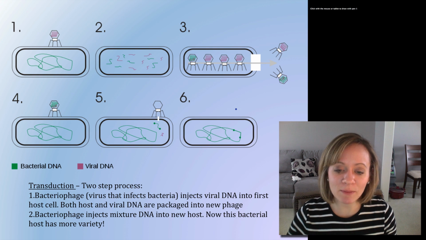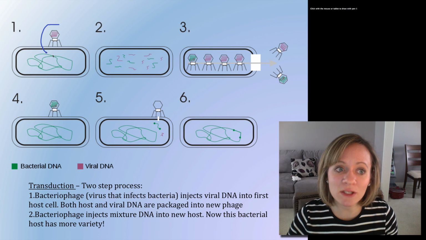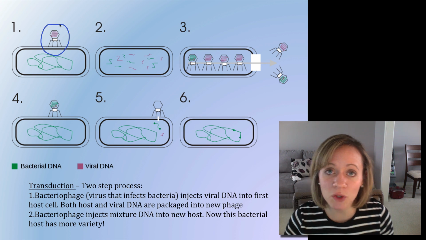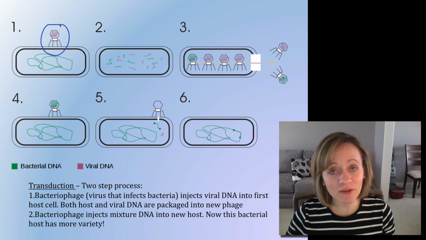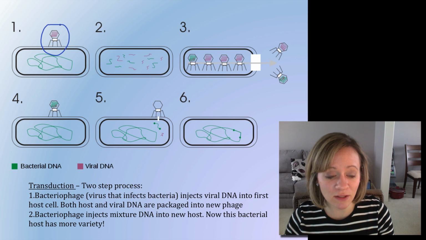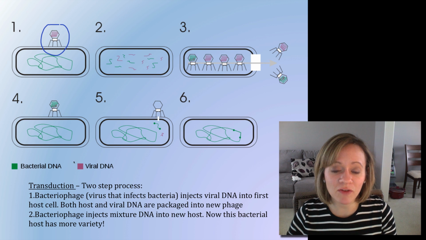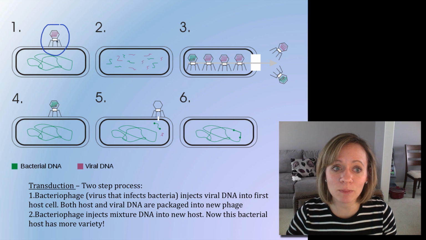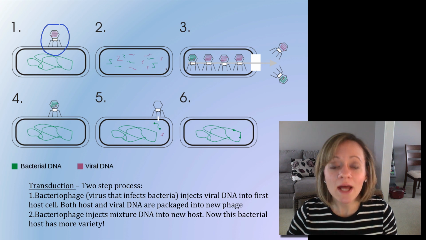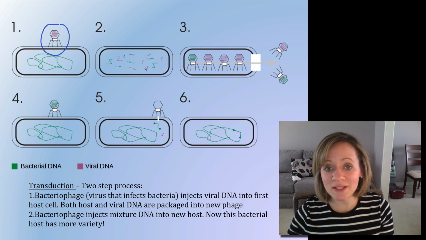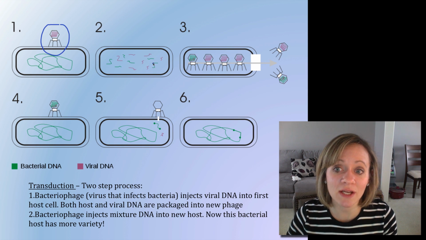The second one's a little bit more complicated, and this involves a bacteriophage. Now remember, a bacteriophage, from the Hershey and Chase experiment, is a virus that only infects bacteria. So here the bacteriophage injects its viral DNA, in purple, into its host cell. Now what happens is it sort of incorporates in with the green bacterial DNA as well.